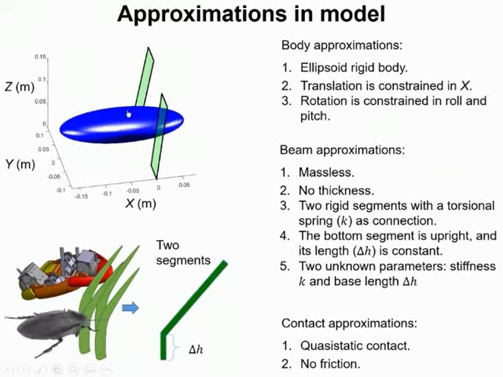The bottom segment is upright and its length delta h is constant. So the beam model has two unknown parameters, the stiffness of the spring and the base length. Both of them can be solved from forces during contact. For contact, we approximate all contact as quasi-static and ignore the friction between the beam and the body.